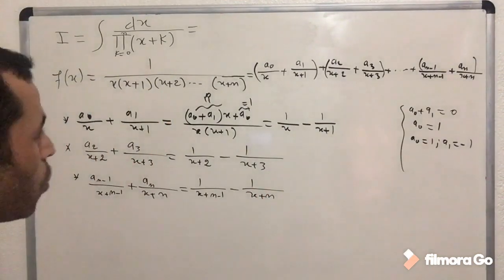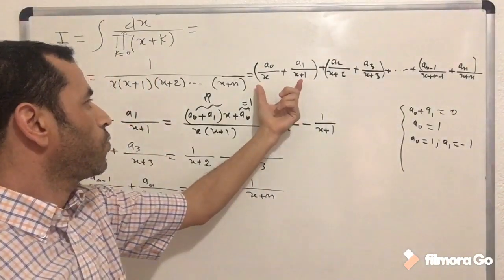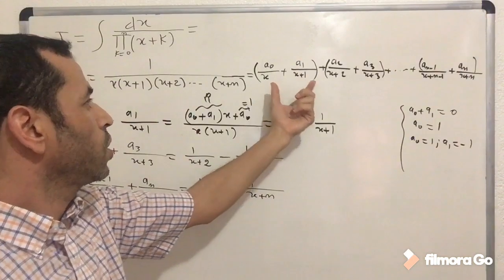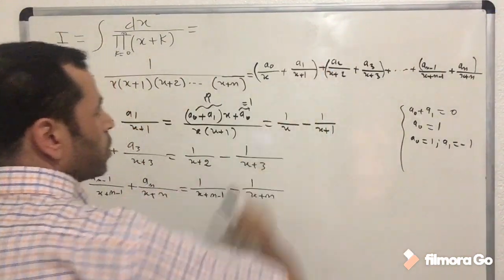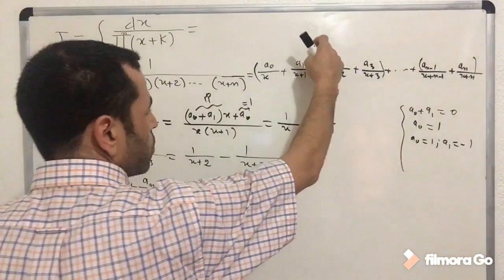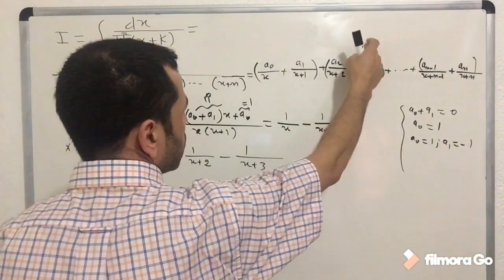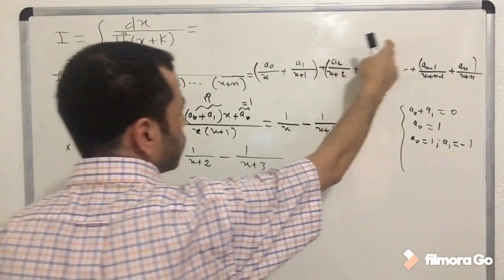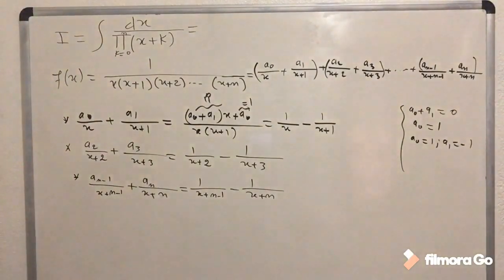So every two terms repeat the same as the first one. Repeat this, and you will find the second one is the same thing, the third one is the same thing, until you get the last one.